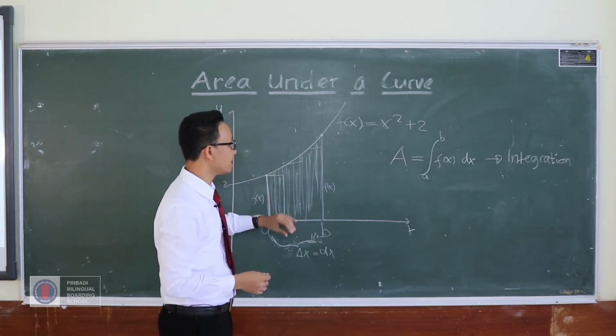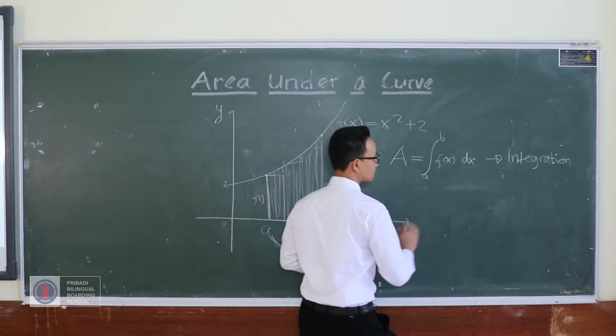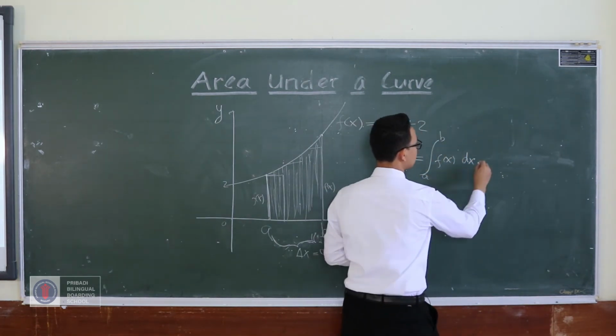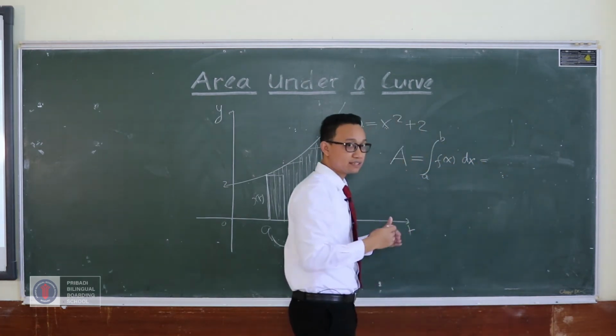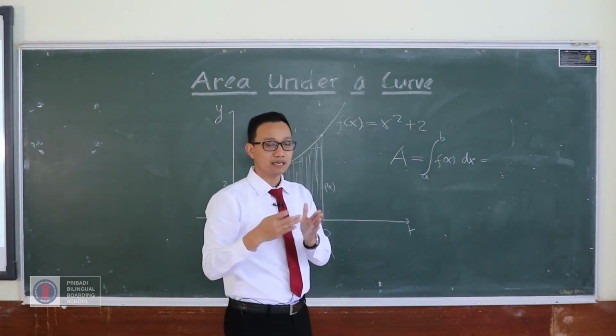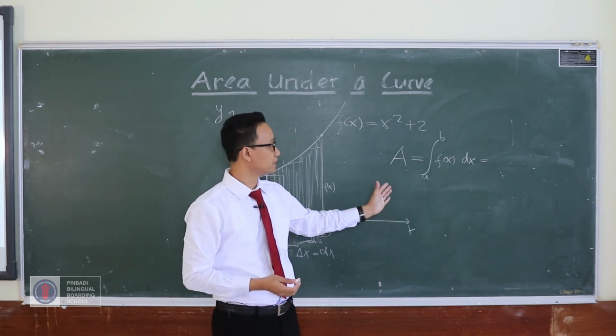Okay, so this area we can formulate as follows. You know that if you integrate the derivative function, it will be the initial function, and we call this process the anti-derivative, right?